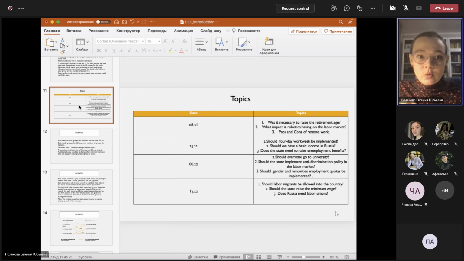It means that on the first date, on the 8th of November, we have 3 possible topics. It doesn't mean that the first question is for the first group. I used this randomizer, and I randomly distributed the topics. For instance, it can be the case that the first topic is for the third group, the third topic for the first group, etc. It's not by the number of the group. It means that we have 3 topics. That's all. Okay, thank you.